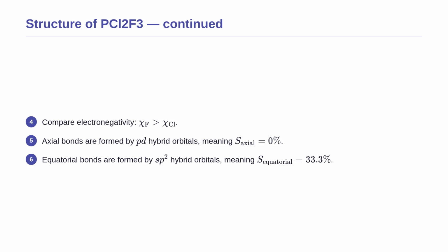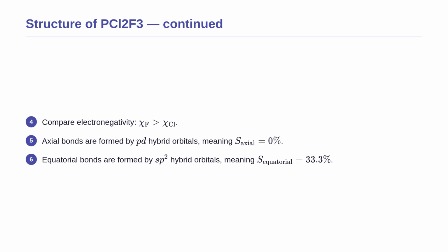Continuing with our strategy, we need to evaluate the positions available. First, we compare the electronegativity of the attached atoms. Fluorine is the most electronegative element, meaning it pulls electrons much more strongly than chlorine. According to Bent's rule, fluorine will demand hybrid orbitals with the least amount of s character.